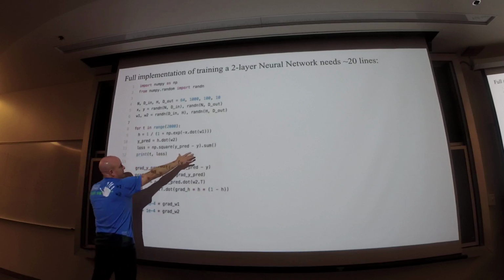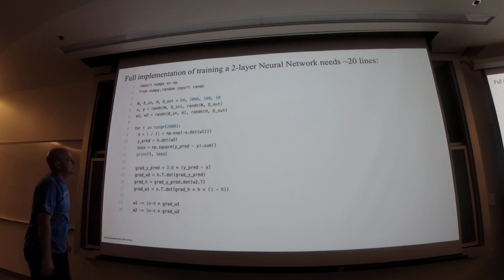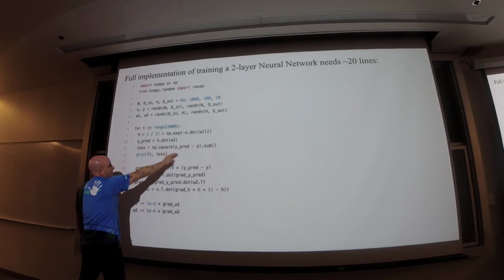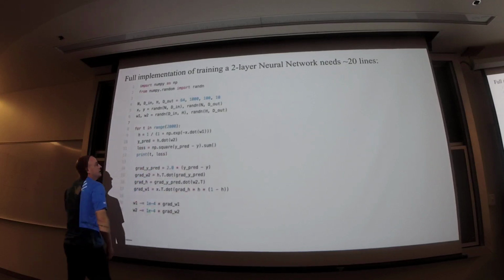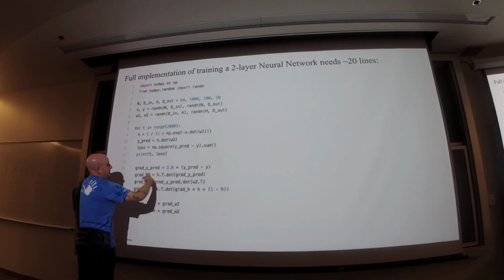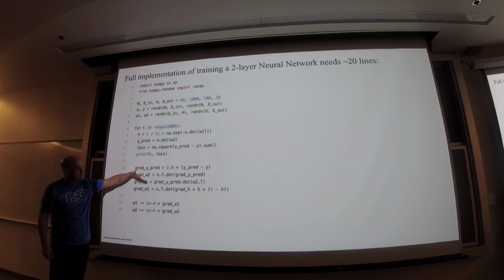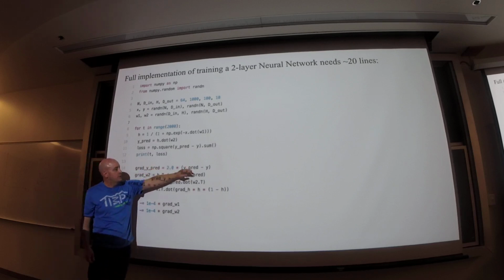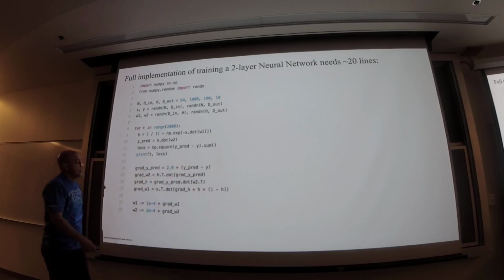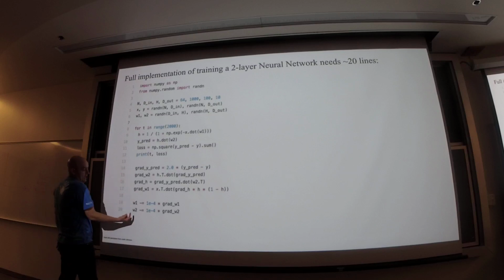And then this is a regression problem. There's just a squared loss here, an L2 loss between what our output from our simple network is and the actual labels. And then this is just computing the gradients. This is the backpropagation from the end to the beginning. You can see this is our L2 output, so this is the gradient of the L2 output.